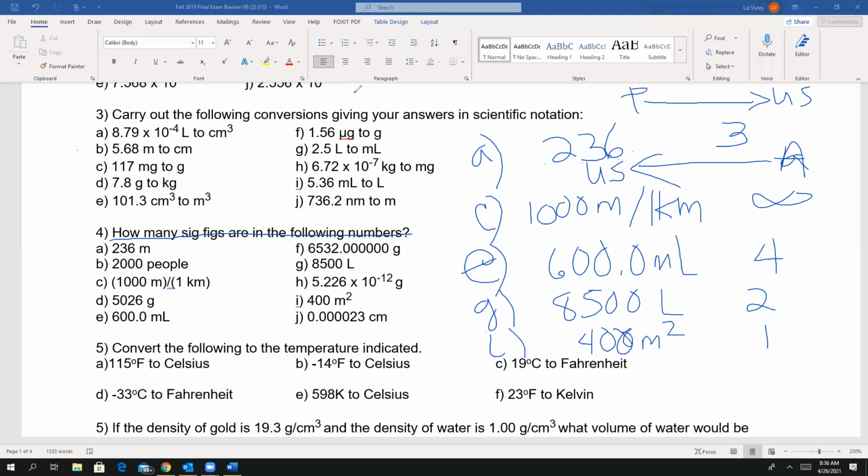All right, clear. And then the only ones that count are the non-zeros that are before the first, well, not only, but the first non-zero digit, and then everything else counts. So in this case, since we're coming from this direction, that was your first one.